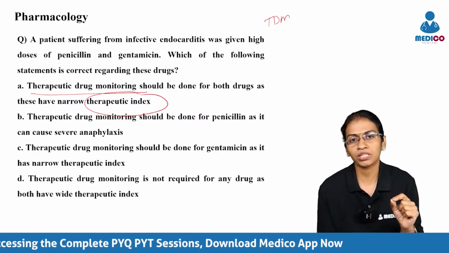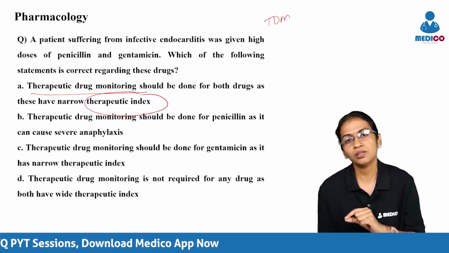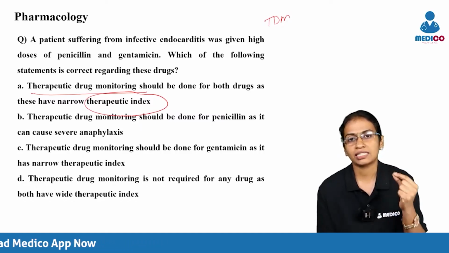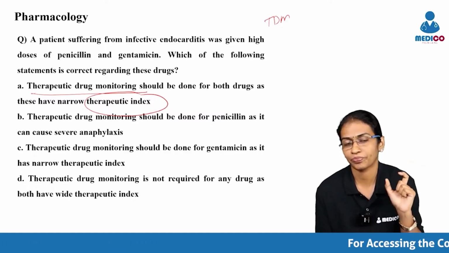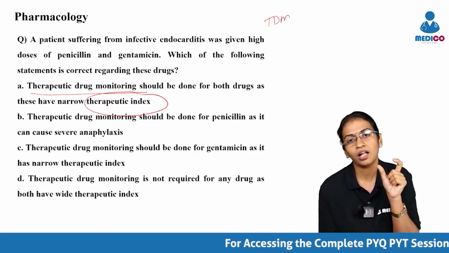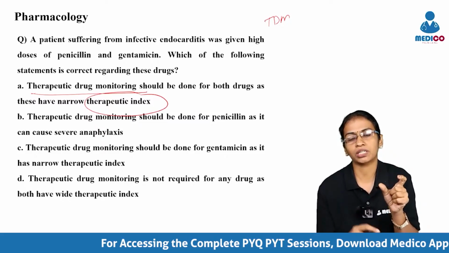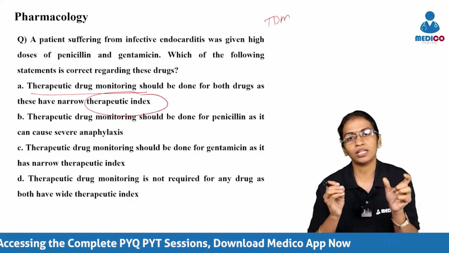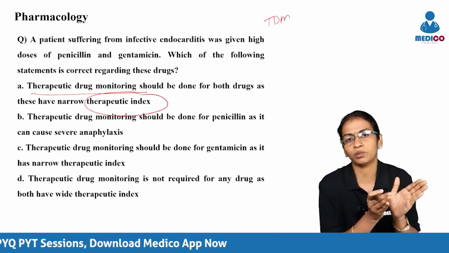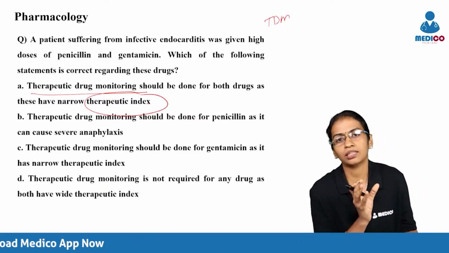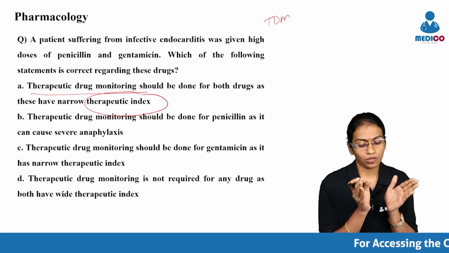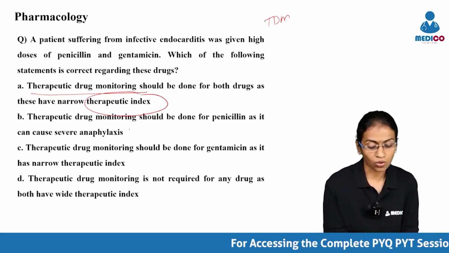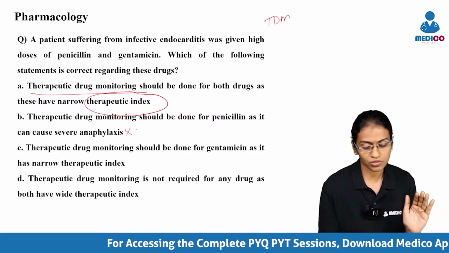Therapeutic drug monitoring is nothing but measuring the plasma concentration and seeing whether the drug is within the therapeutic range. If it is not in the therapeutic range, we adjust the dose so that we get the optimal dose and the drug remains within the therapeutic range. So it is not to measure ADR. So this option is gone.